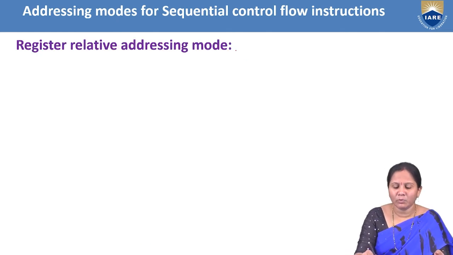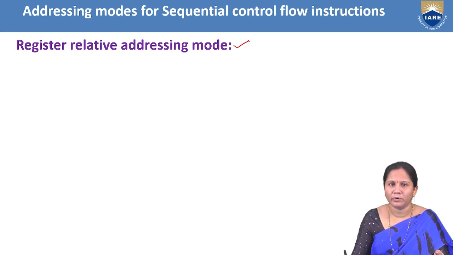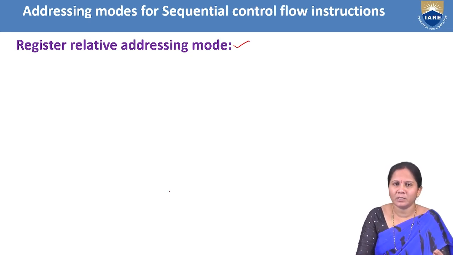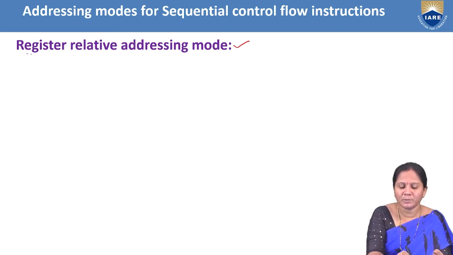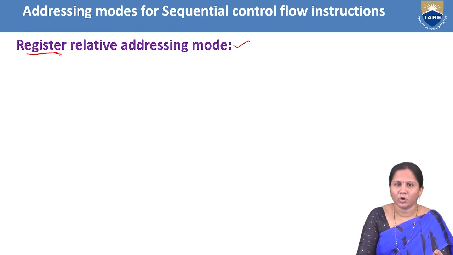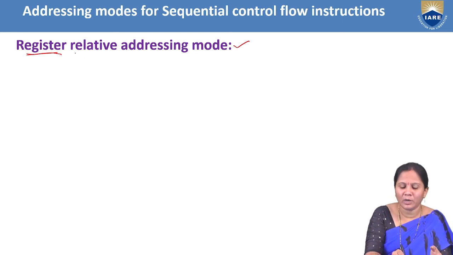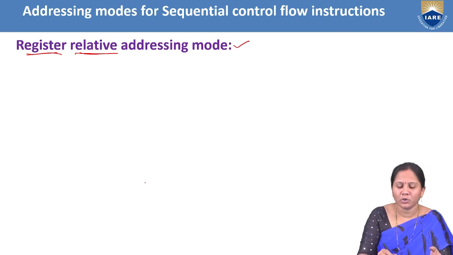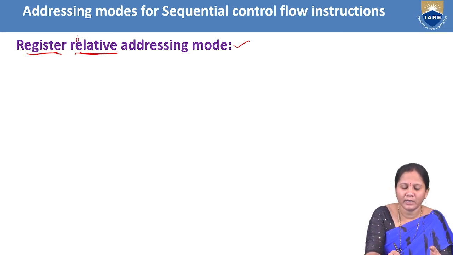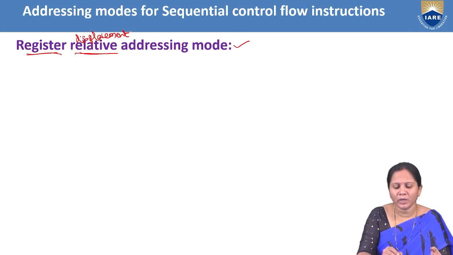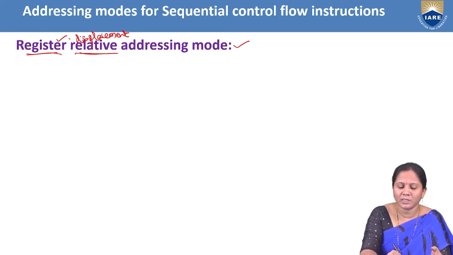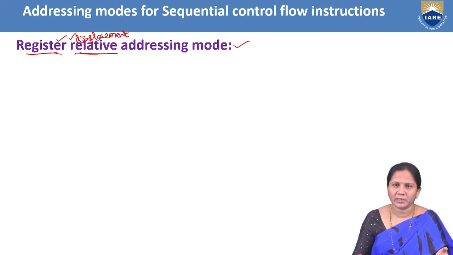And the next addressing mode is register relative addressing mode. See the name here: register relative addressing mode. A register will be specified as a part of an instruction. Not only a register, but relative to that register, and relative here is nothing but displacement. So along with a register in the instruction, we will also have some displacement to that register.